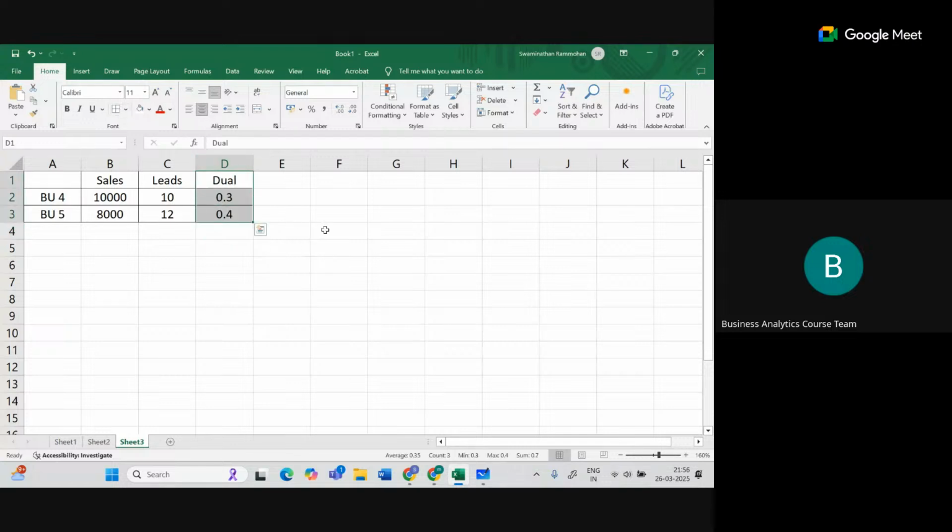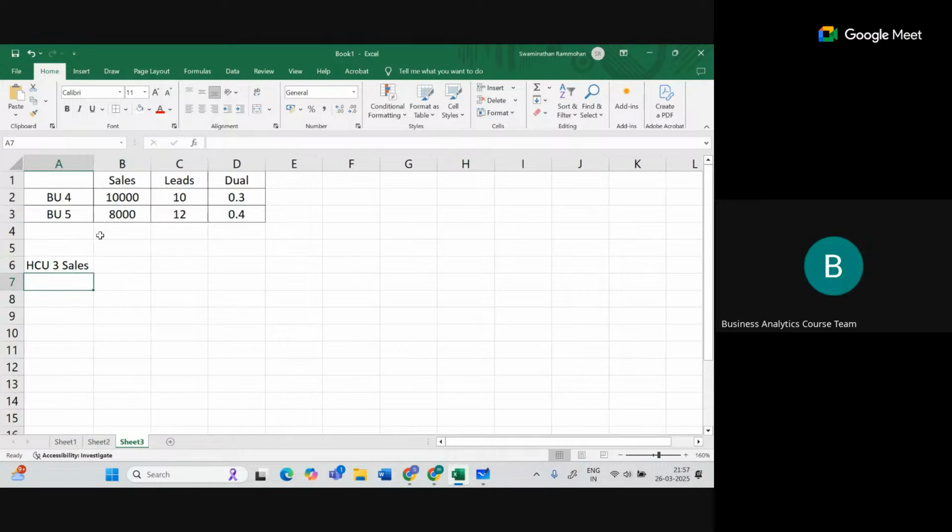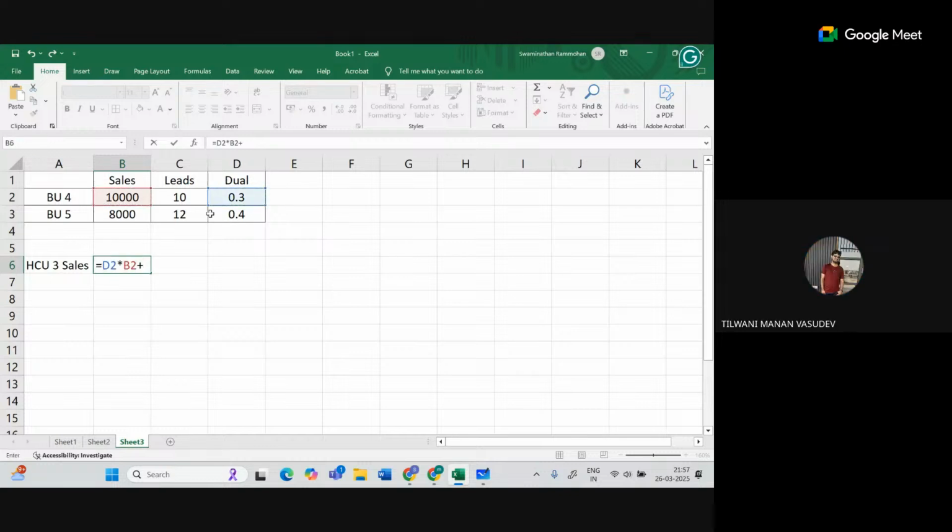I have populated this on an Excel sheet. Now I want to compute the HCU 3 sales. What is the formula? How will I calculate that? It is 0.3 into 10,000 plus 0.4 into 8,000.